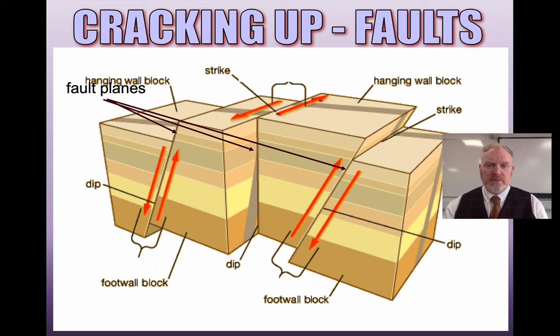Now, there are three types of fault that we need to be familiar with and be able to recognise. The first of these, which you can see on the left, is normal faulting. Normal faulting is where we have crustal tension that pulls rocks apart.